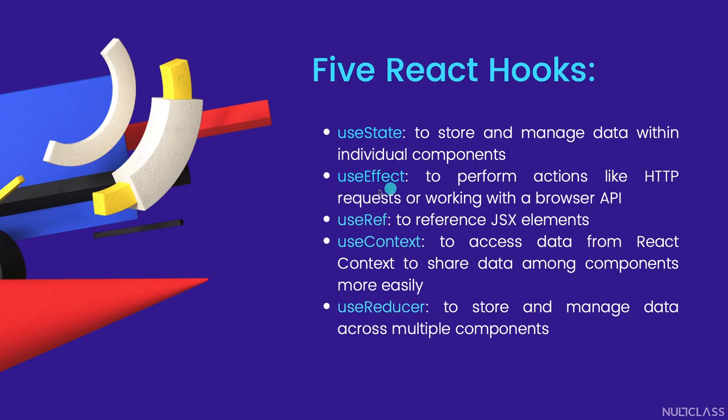Basically, useEffect is used to perform several actions, like fetching from an API on the backend. useRef is used to reference JSX elements, and useContext is used to access data from React context to share data among components more easily.